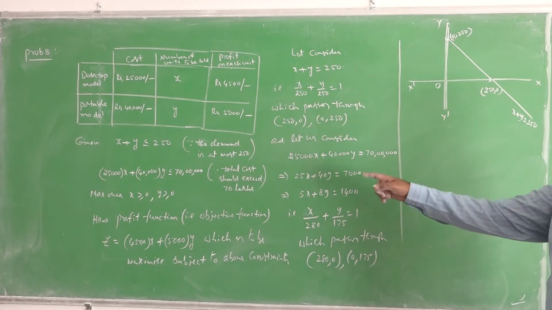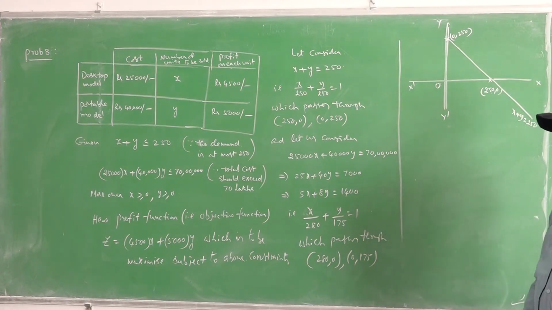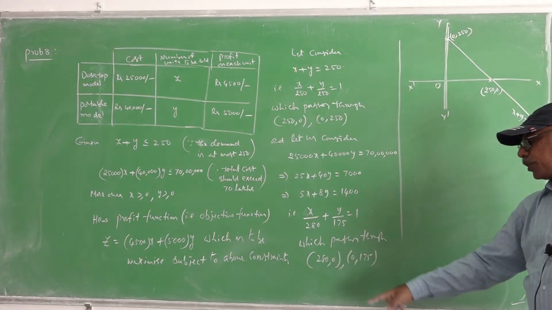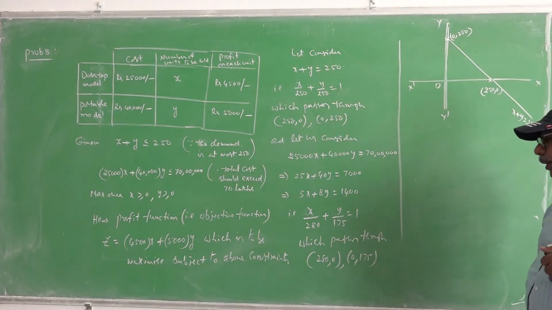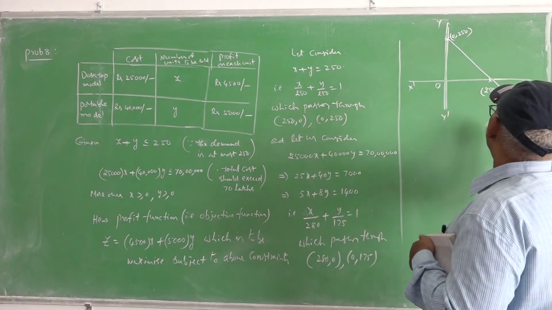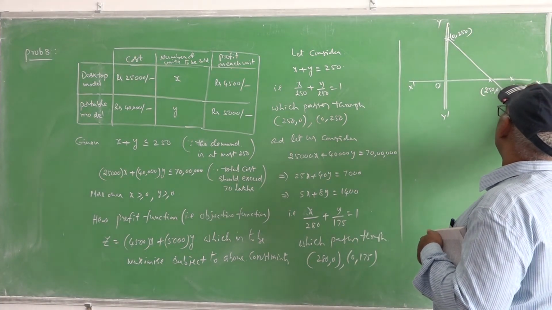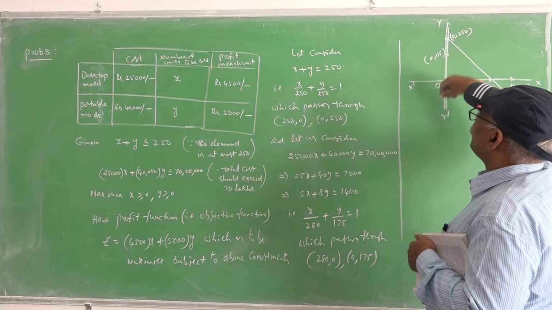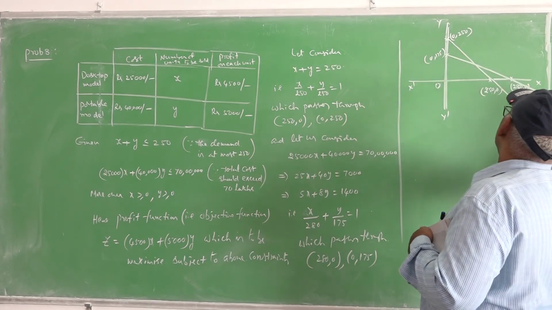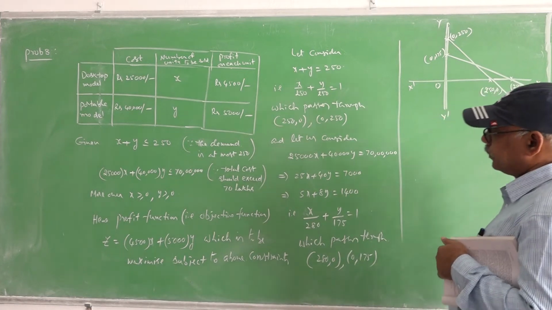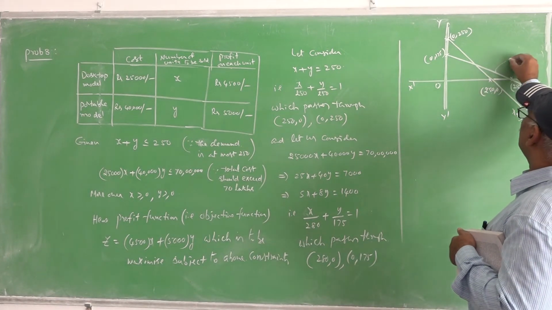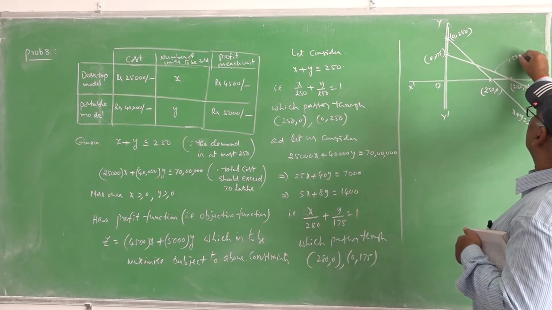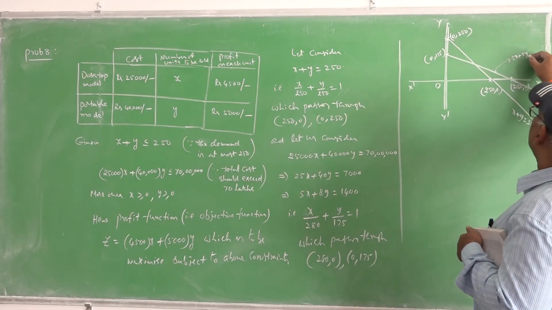From other constraint, the line is 5X plus 8Y equal to 1400, which passes through the points 280 comma 0 and 0 comma 175. Hence join these two, we get the other line 5X plus 8Y equal to 1400.